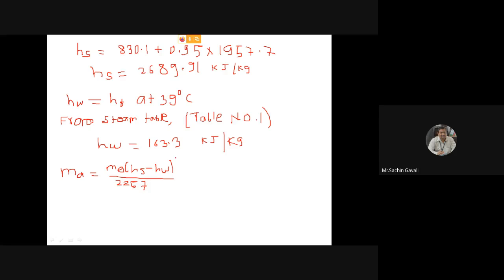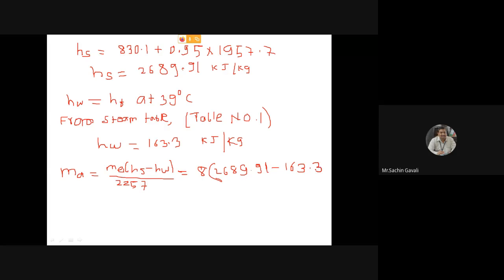That is 8 into bracket, here HS is how much? 2689.91 minus HW is 163.3, divided by 2257. Then how much is it coming?